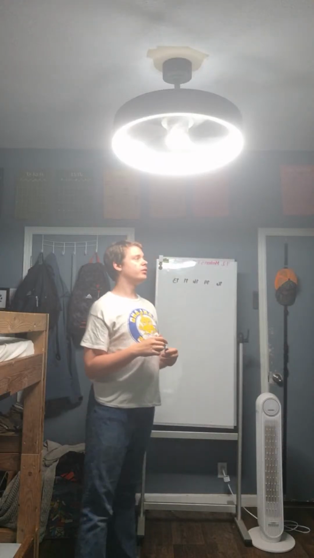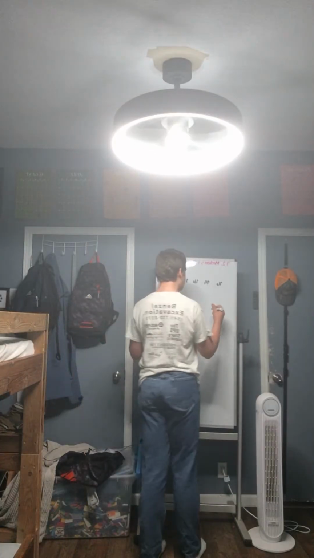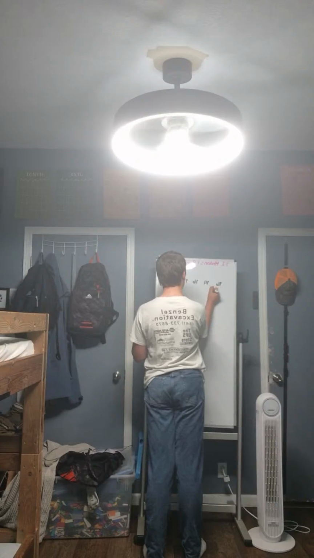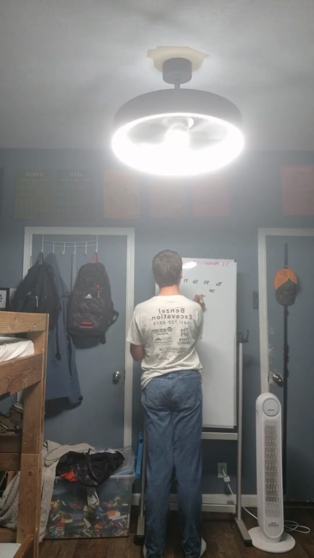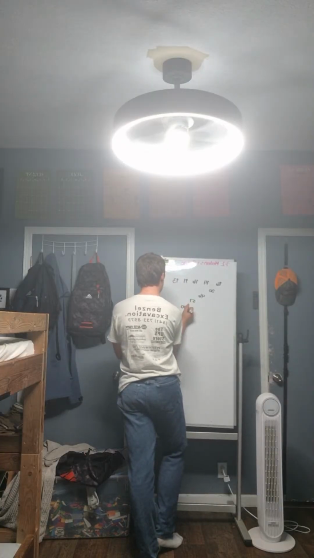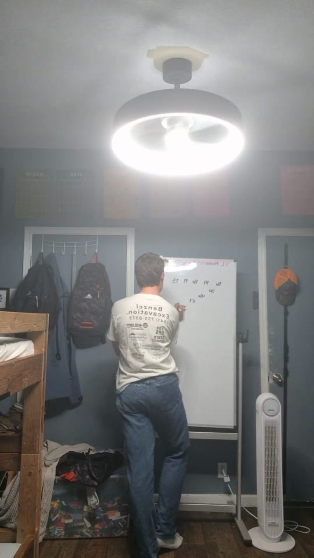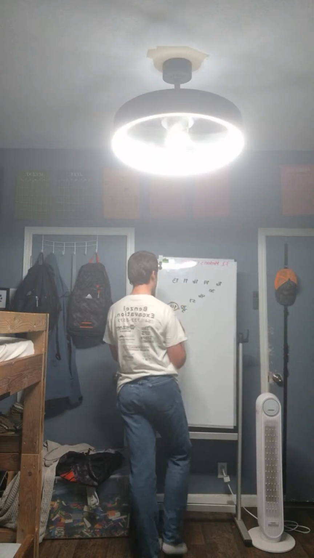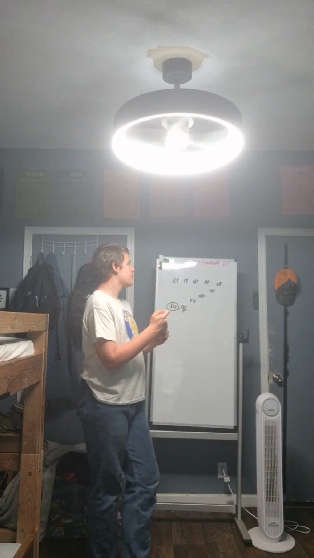The mean is adding all of the sums up and then dividing it by the number of numbers there are. So, 16 plus 14 is 30, plus 16 is 46, plus 11 is 57, plus 13 is 70. Divide that by 5, we get 14. 14 is our mean here.